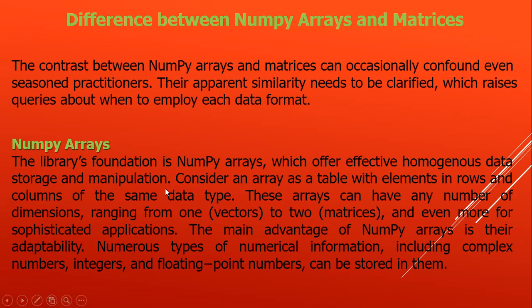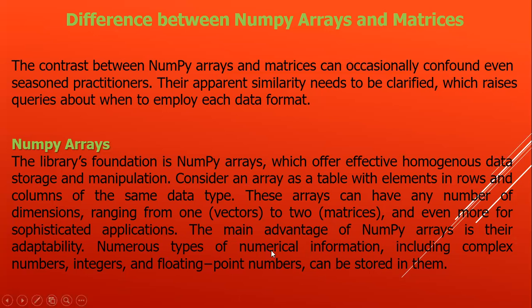The library's foundation is NumPy arrays, which offer effective homogeneous data storage and manipulation. Consider an array as a table with elements in rows and columns of the same data type. These arrays can have any number of dimensions, ranging from one-dimensional vectors to matrices and even more, because what is a matrix? A matrix is a collection of arrays.